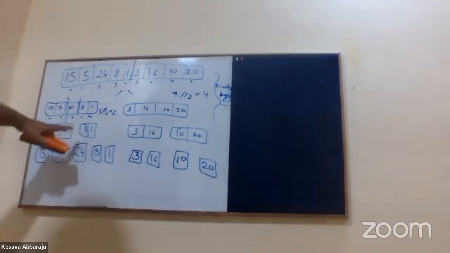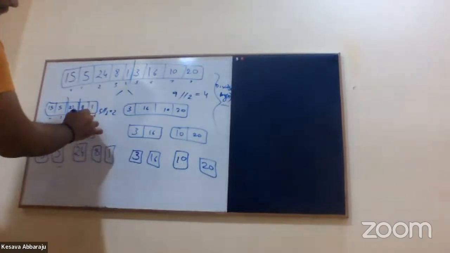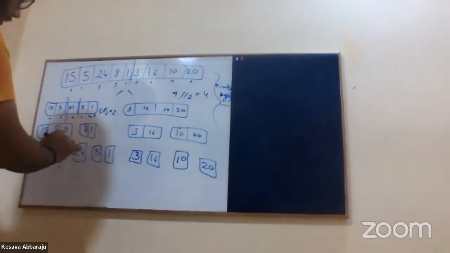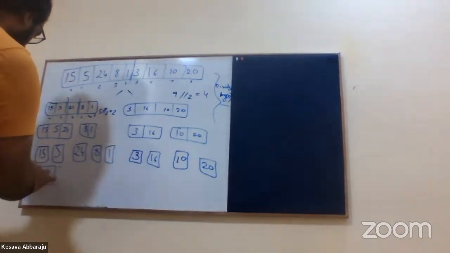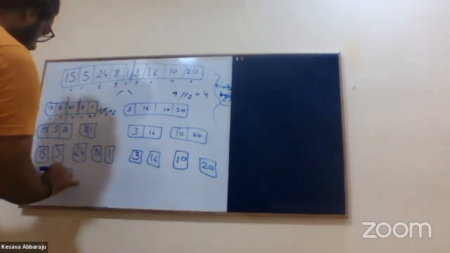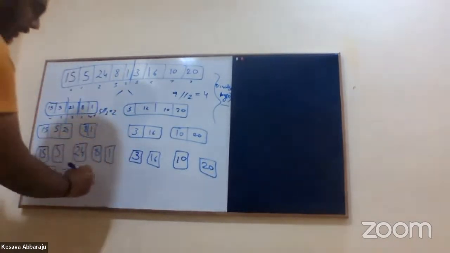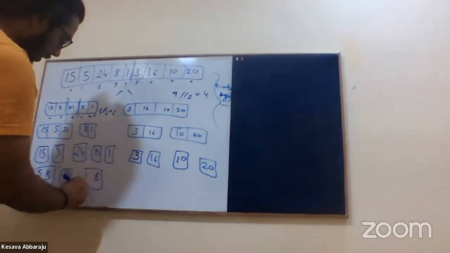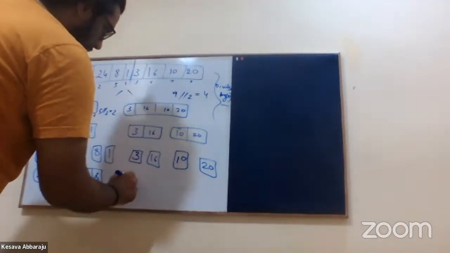Since we are using recursion, it will backtrack in the same way the recursion happened. So first it will be 5 and 15 here, and 24 will be like that itself. 1 will be compared with 8, and 1 is less than 8, so they will be sorted. Now 3 and 16 are already sorted, so they will stay like that.